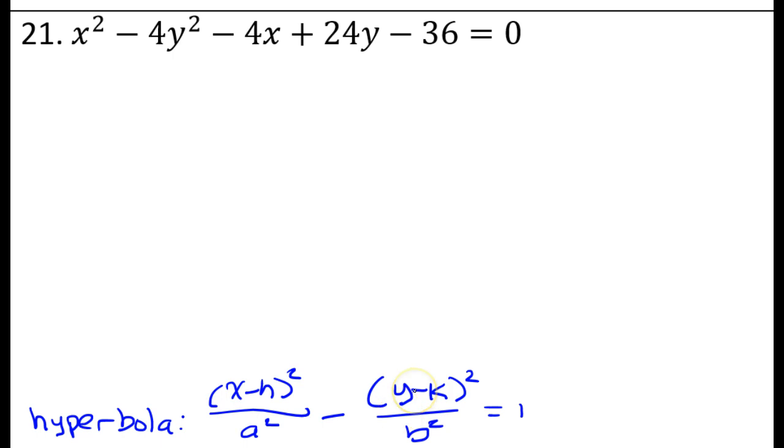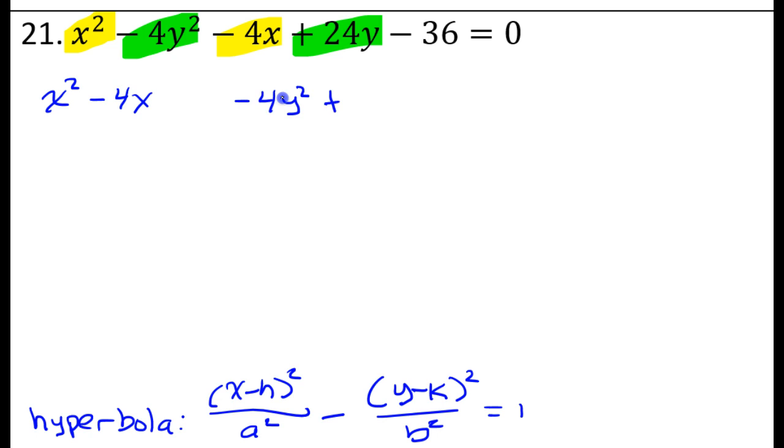So once again, we will accomplish this by first grouping together the x terms and the y terms. I'm going to move the negative 36 to the other side. So I'm going to have x squared minus 4x and then minus 4y squared plus 24y is equal to 36.